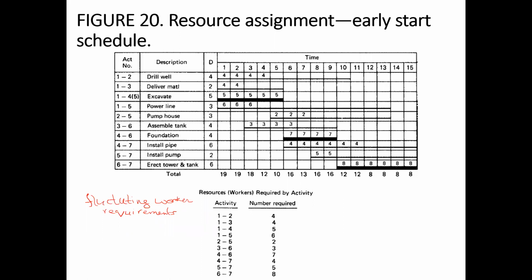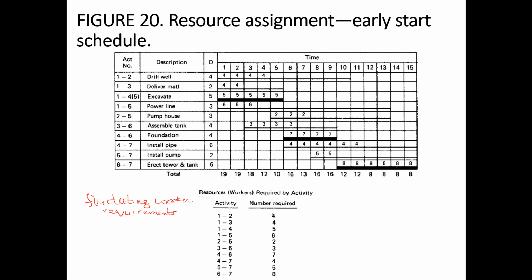There may be some labor union requirements as well, that if you have to hire the worker, you have to hire for a certain period of time. You cannot fire those laborers, etc. So this is a big issue for the labor management. Okay. So in order to improve this situation, we need to reduce this fluctuation.